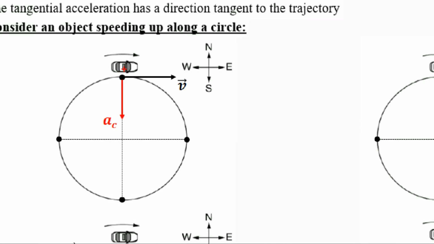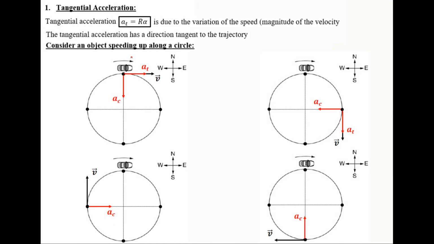Now if this object is speeding up, then it would admit another type of acceleration given by the tangential. Tangential means it's tangent to the motion, so either to the right or to the left. Because it's speeding up, it will be pointing in the direction of motion like that. Then this is it for all the four cases.